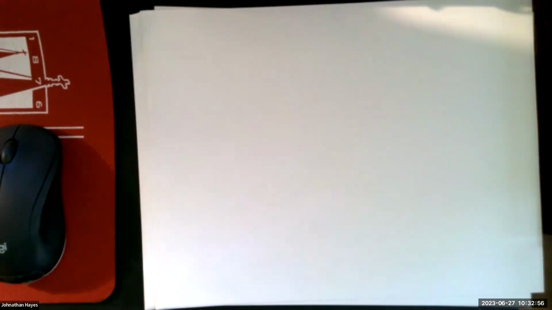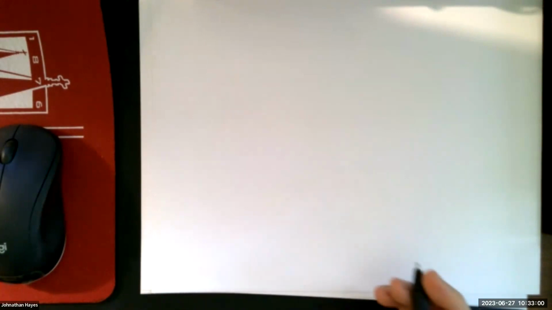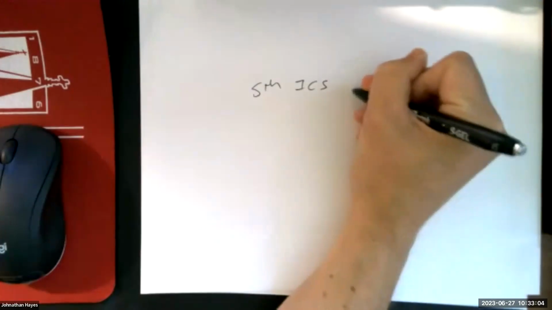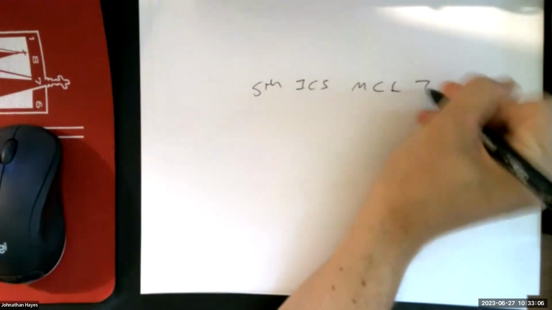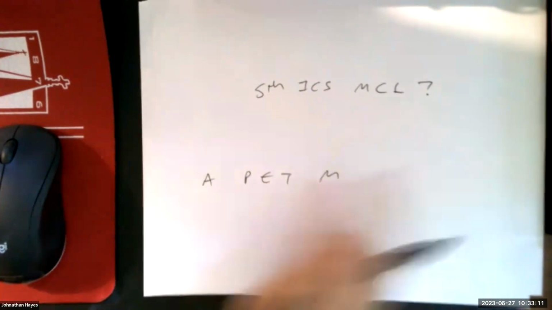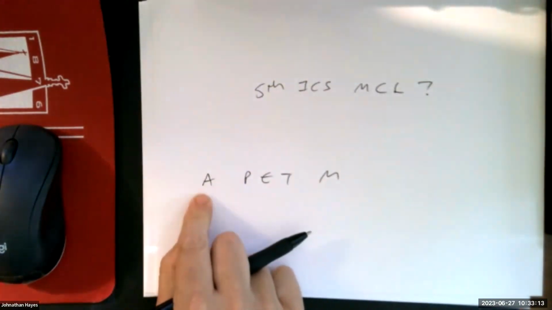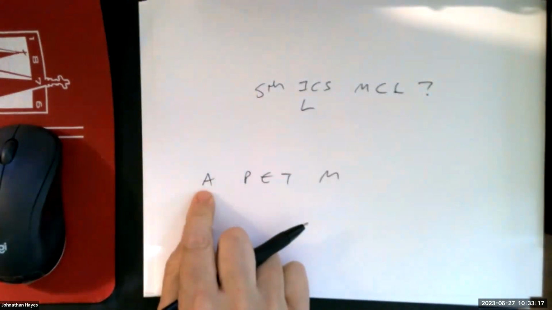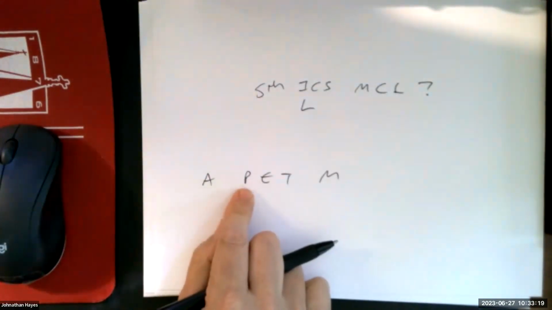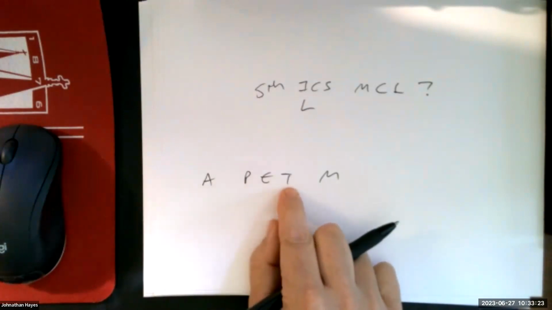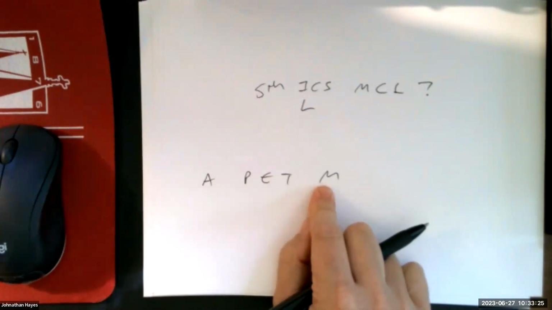Anyway, so if I were to ask you what site of auscultation would I find at the fifth intercostal space, mid-clavicular line, right? Just go through your pet monkey and you're like second intercostal space, right side of the sternum, second intercostal space, left side of the sternum, third intercostal space, left side of the sternum, fifth intercostal space, left side of the sternum, fifth intercostal space, mid-clavicular line.